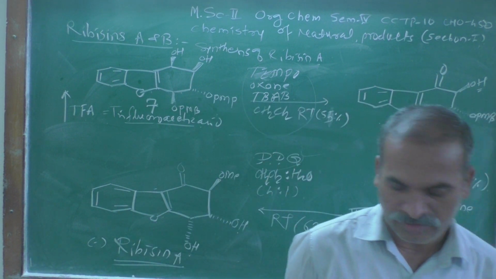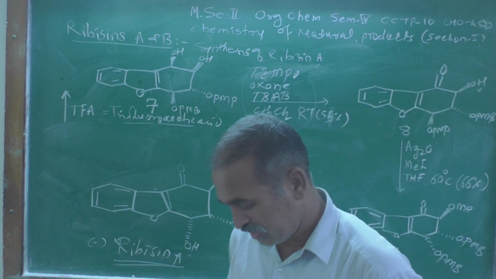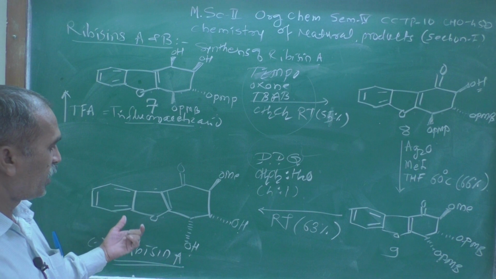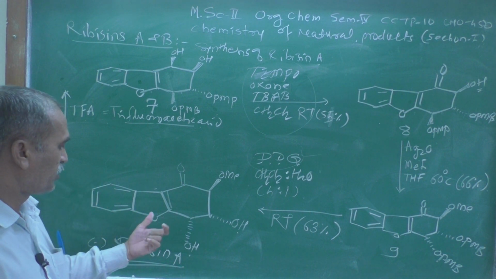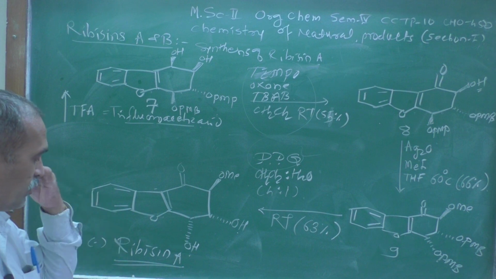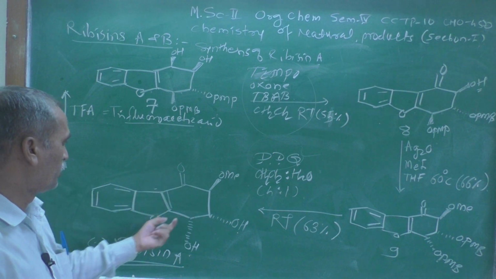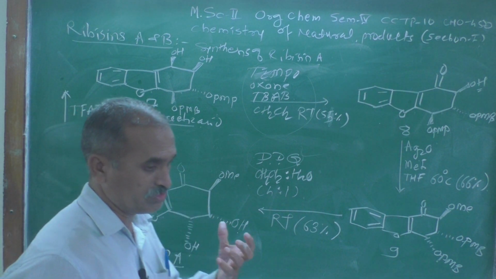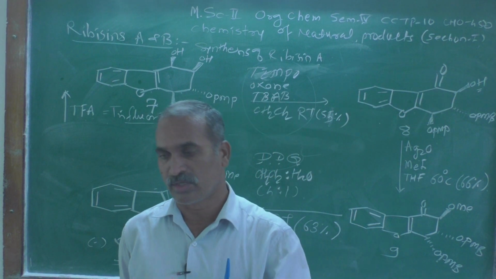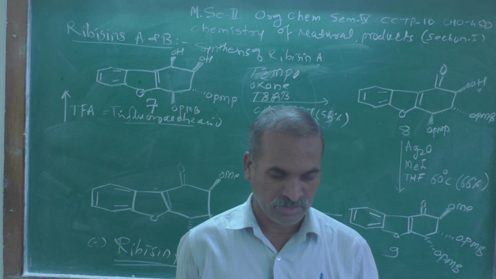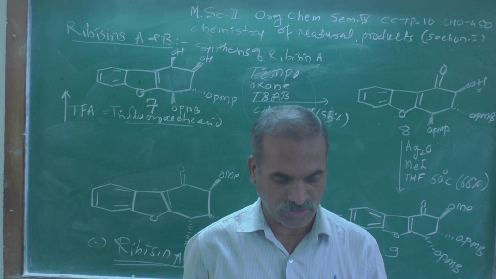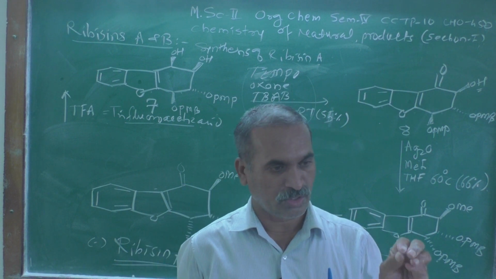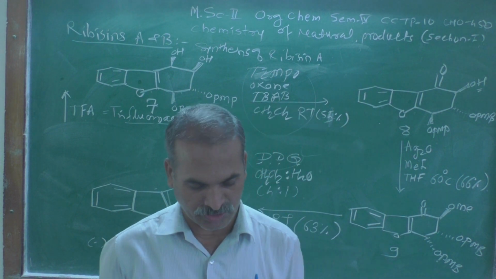So in this way, after the 9 steps we obtained the final structure, which is ribosine A. See once again this moiety: the benzophenone moiety is present, which is responsible for the biological activity, and prominent optical activity is shown due to the presence of the dibenzofuran moiety.